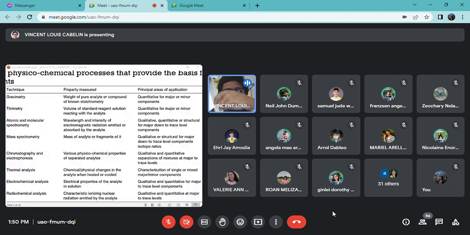So again, what I'm saying is, let's say you have a filter paper, a strip, and then you put alcohol in it, tapos i-dip mo ang isang dulo sa alcohol, the alcohol will be absorbed slowly upwards.